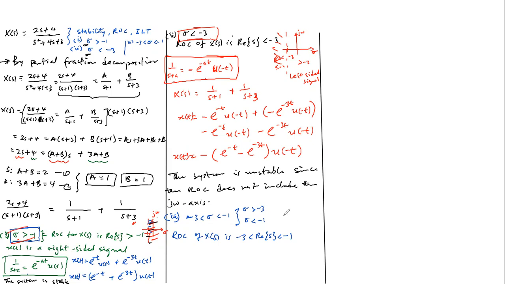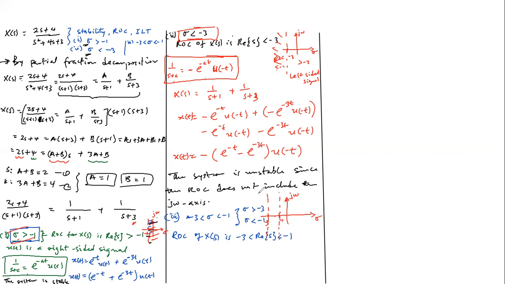So by inspection, should we draw the s-plane? This is j omega, this is sigma. Now we have minus 1, we have minus 3. Let us draw the lines first. These are the vertical lines for minus 3, minus 1.